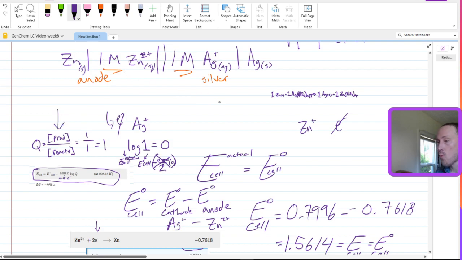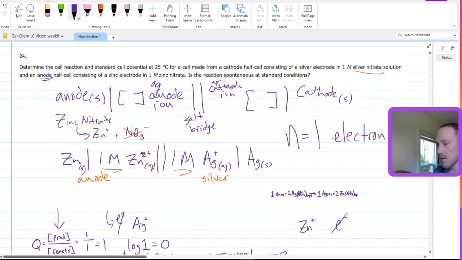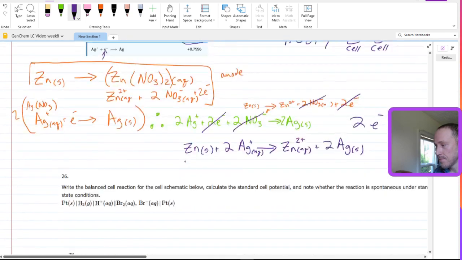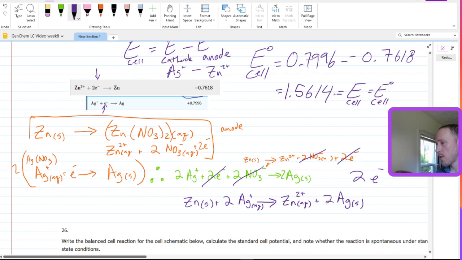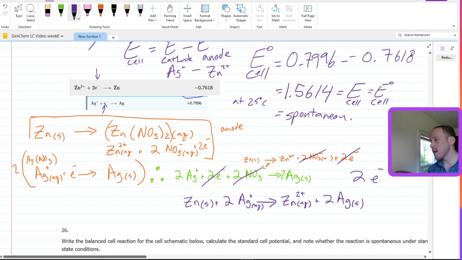So if these weren't both 1 molar, we could have adjusted the cell potential here. But in this case, it is spontaneous. And of course, this is happening at 25 degrees Celsius was part of this question. It's happening at 298.15 Kelvin. So you have to pay attention to that. And it is spontaneous.